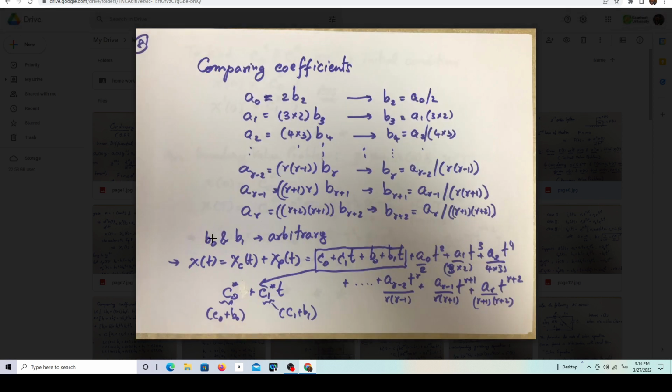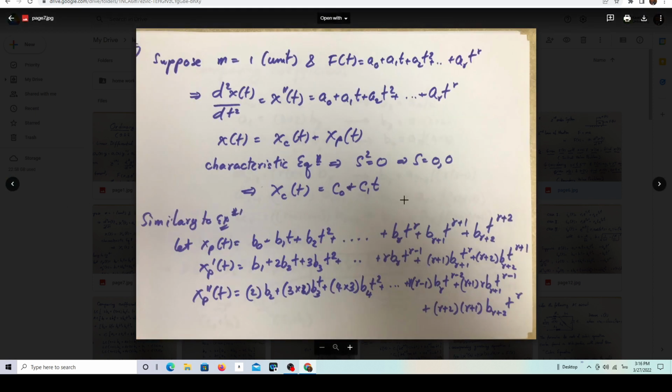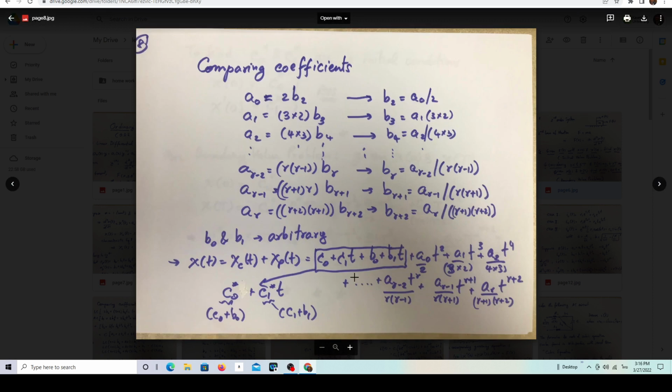So you can now conclude that the x(t) function is a complementary solution plus a particular solution. This is the complementary solution, c0 plus c1 times t. The particular solution is here, plus b0 plus b1 t.